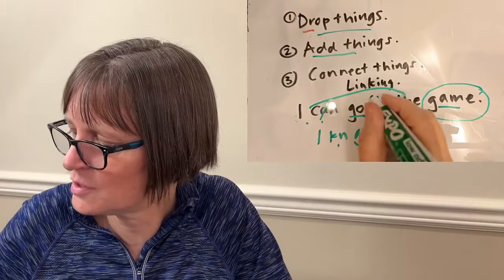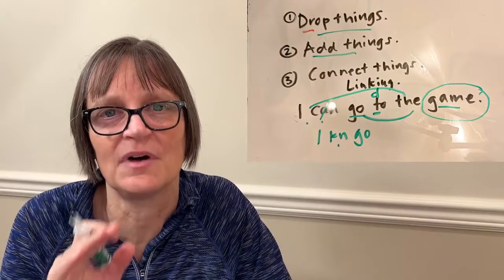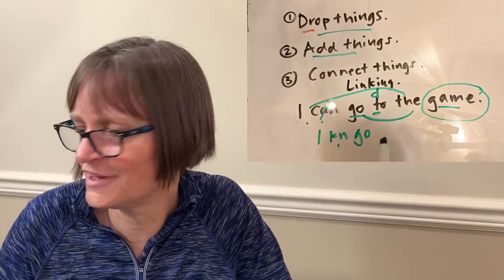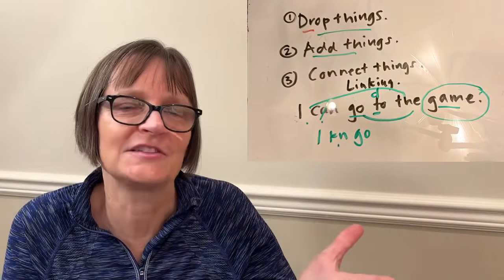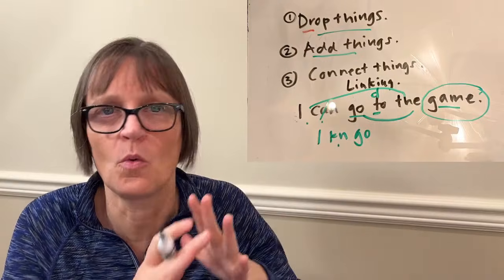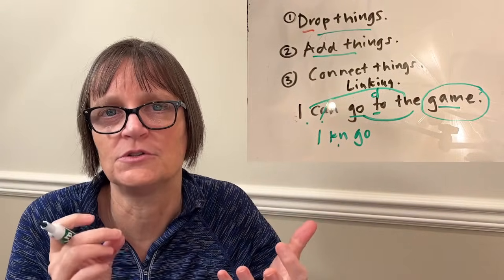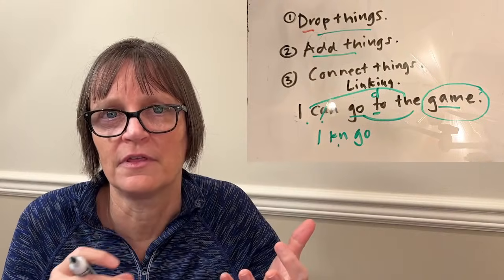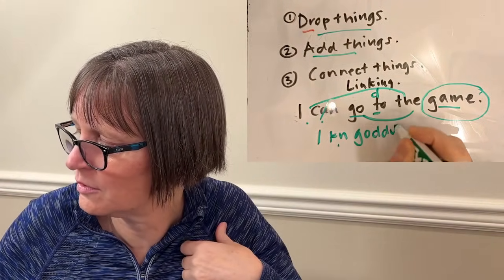It sounds more like a D sound. It's a light D, just one tap up. And because this is all linked together, all of a sudden my T that was at the beginning of the word acts like it's in the middle of a word, because go to the is more like one word rather than three. So hear how rather than go to the, it becomes more all one word. Go to the.